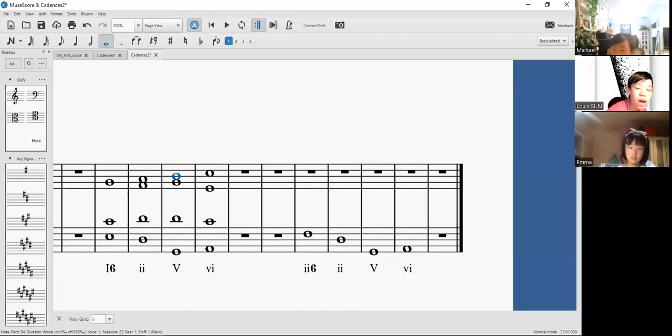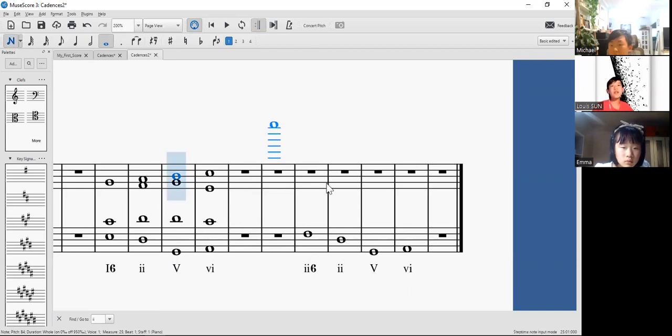Okay, final one for today, because we're just about running out of time. Now, 2B, 2-5-6, you know what I mean. Now this allows for some voice exchange.